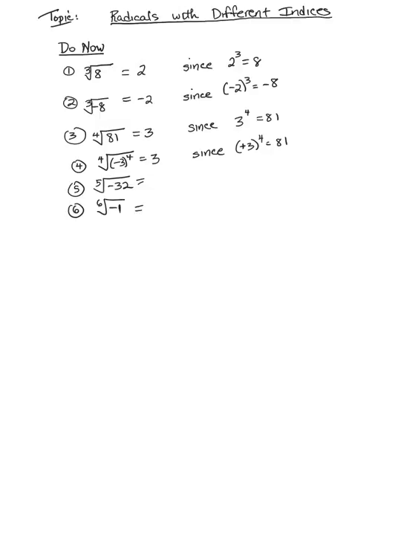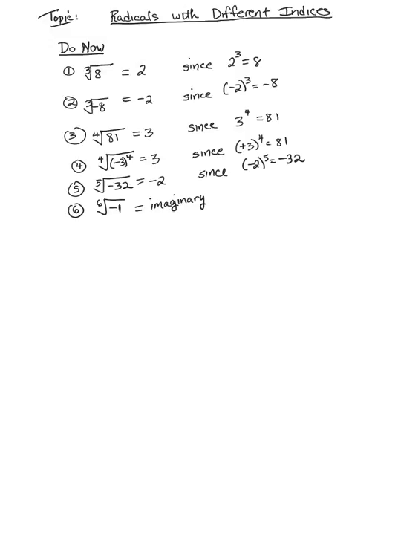The fifth root of negative 32 is negative 2, since negative 2 to the fifth is equal to negative 32. And the sixth root of negative 1 does not exist. We say this is imaginary. We cannot take a number to the sixth power and get an answer of negative 1.